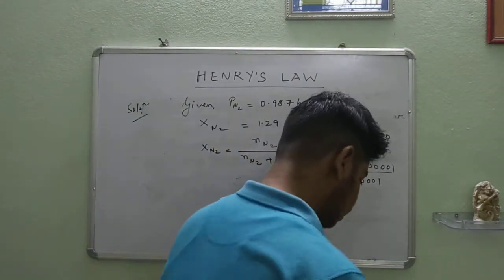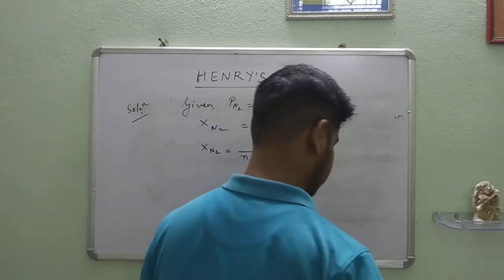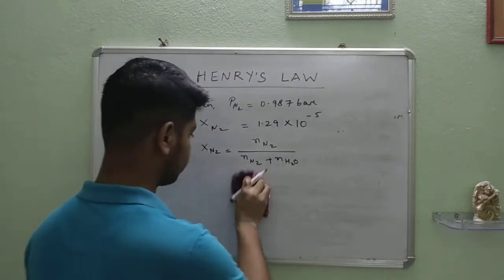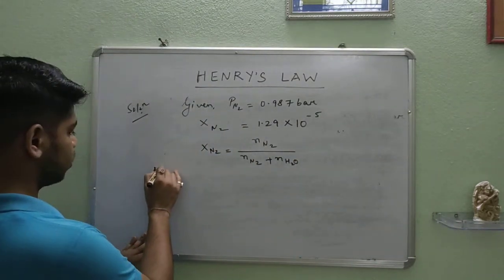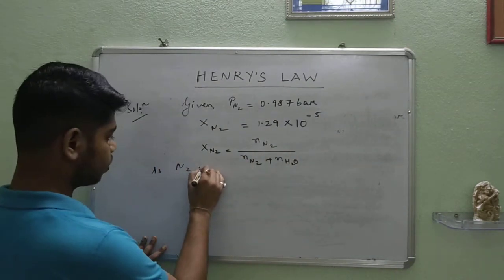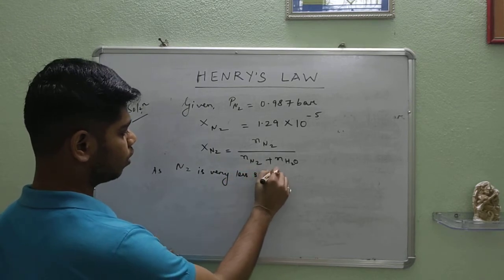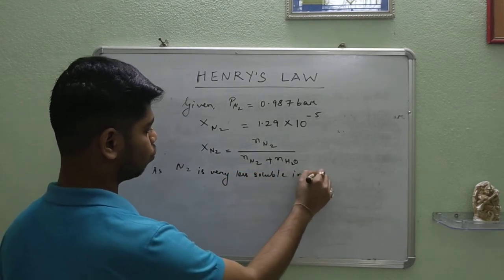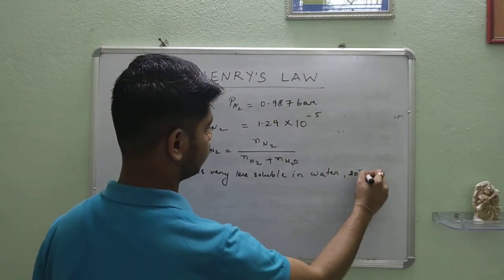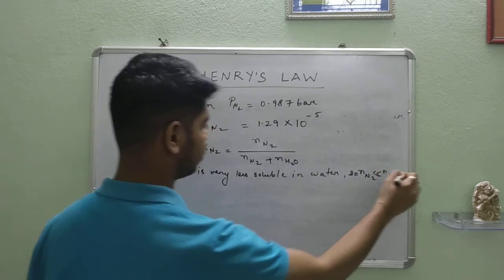Alright, so here I am writing: as nitrogen is very less soluble in water, the number of moles of nitrogen will be very less than the number of moles of H2O.